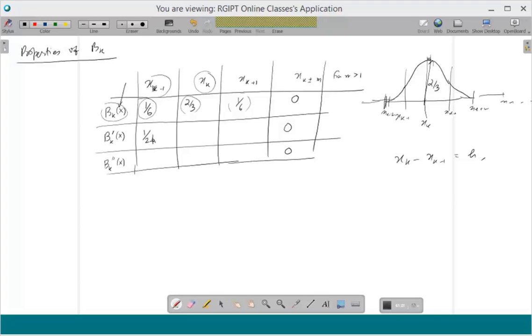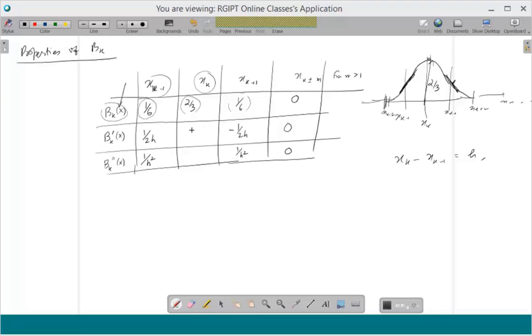Here the derivative values are opposite. This is obvious because the slope here would be exactly the same as the slope there, except with the negative sign. The second derivative will actually be the same, 1 by h square and 1 by h square.